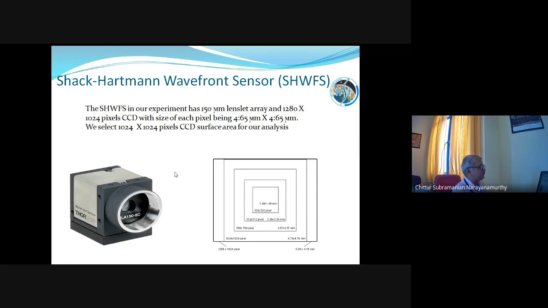In its focal plane we have a CCD detector with 1224 by 1024 pixels, each pixel size 4.65 by 4.65 micrometer. We select this in the series of our analysis of the variance matrix elements, so each variance matrix element we can find out from this.